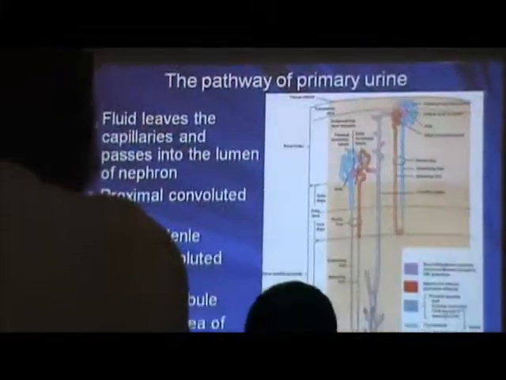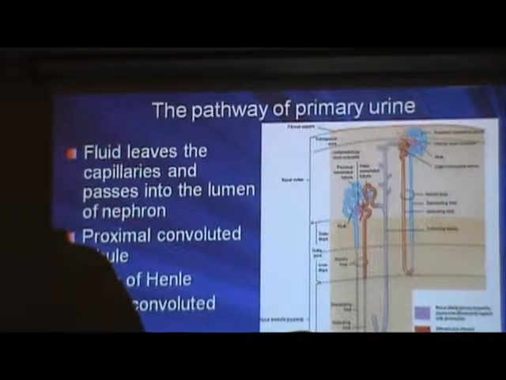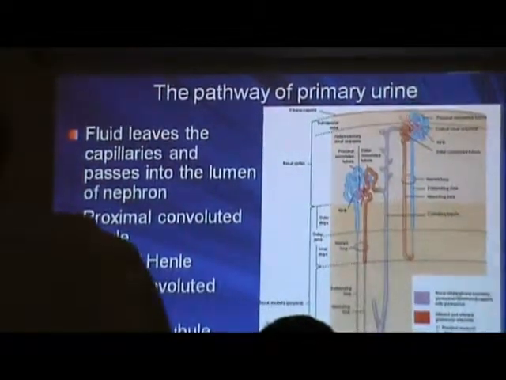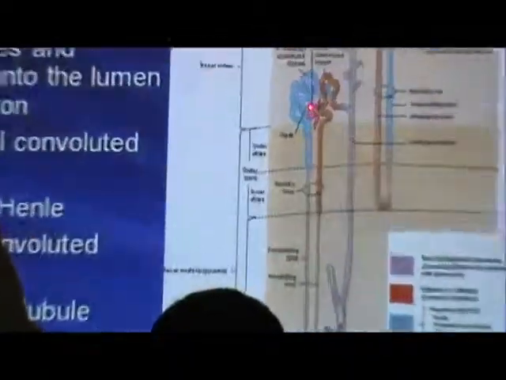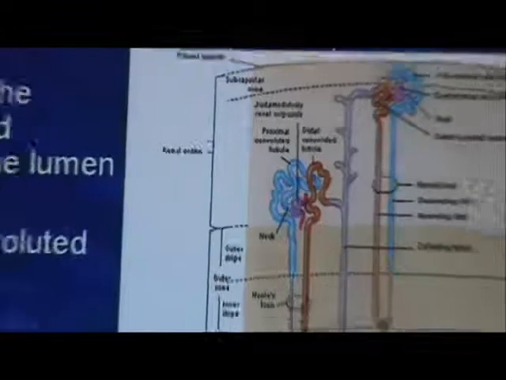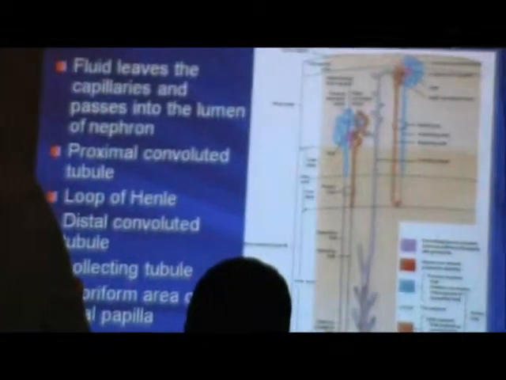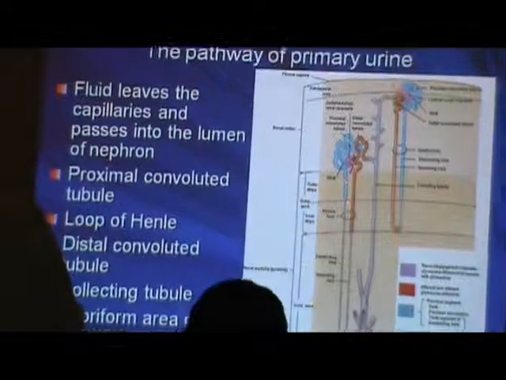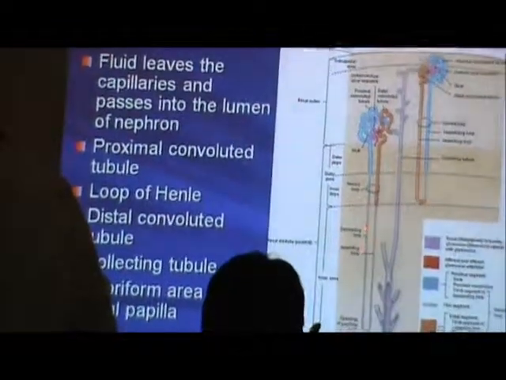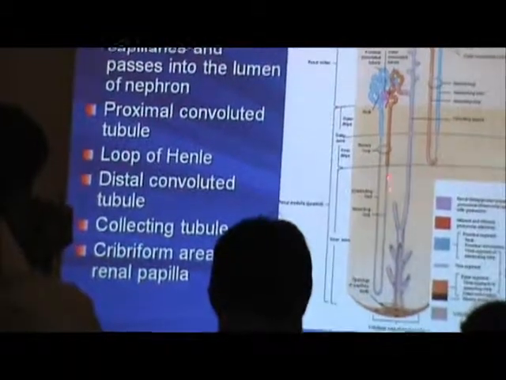Now let's look at the pathway of the primary urine. Fluid leaves the capillaries and passes into the lumen of the nephron. First there is the proximal convoluted tubule, and next there is the loop of Henle. The loop of Henle is composed firstly of the descending limb, and next it changes into the ascending limb.